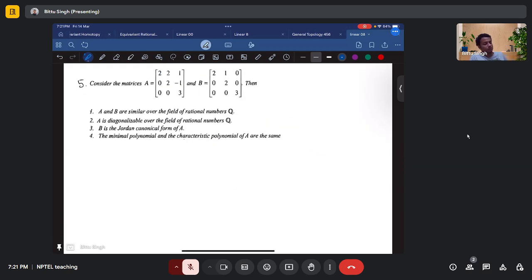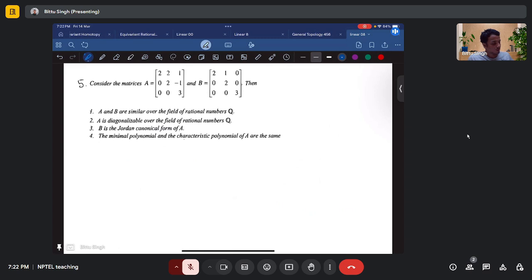Now question 5. A and B are two given matrices.